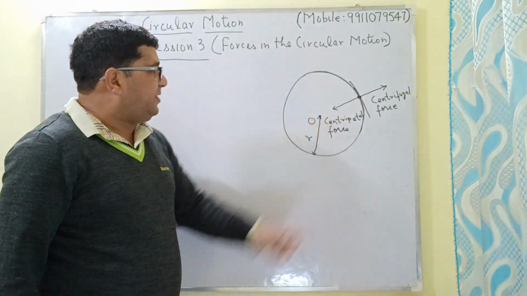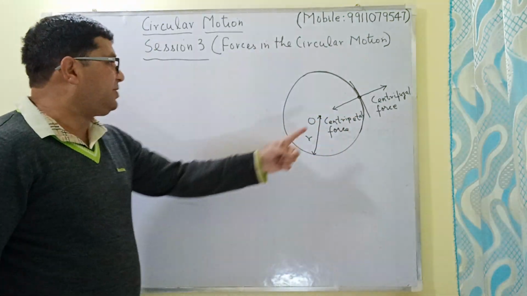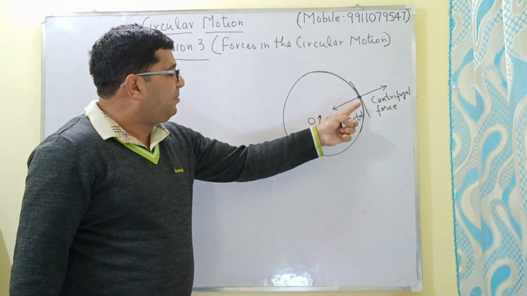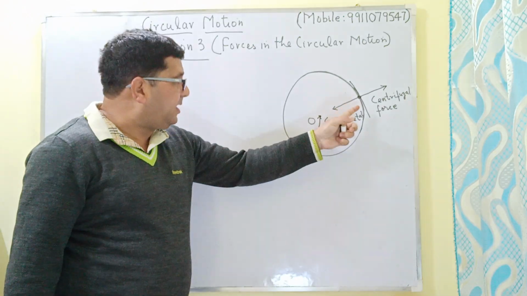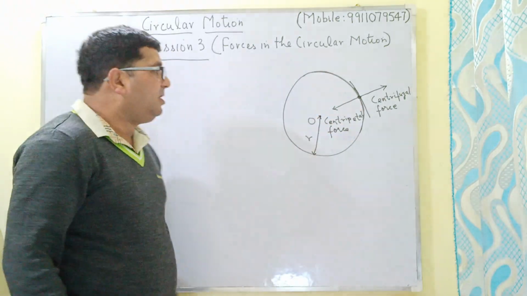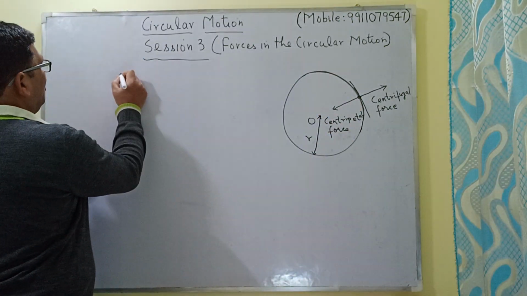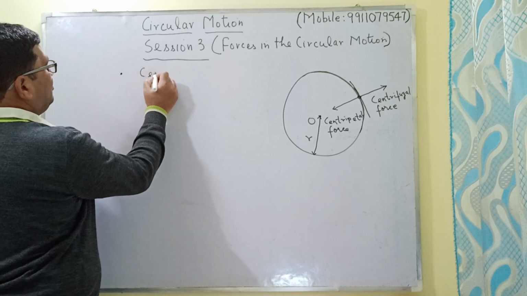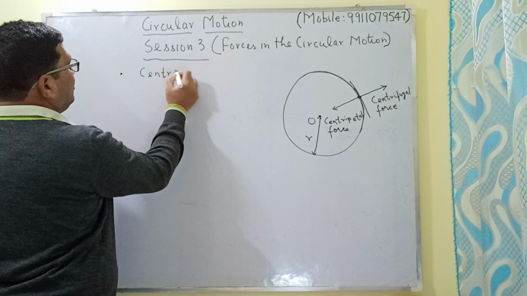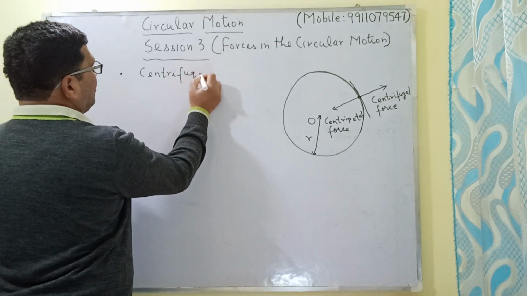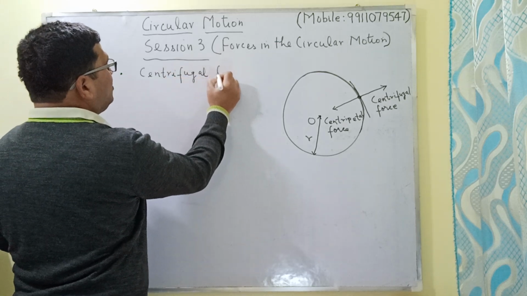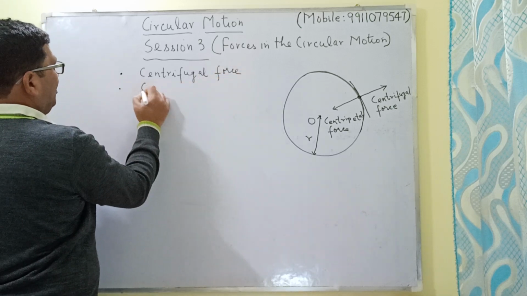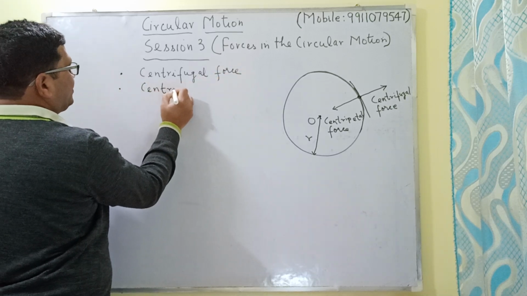At any moment of time, or at any point on this circular path, the object will be subjected to two forces. One is the centrifugal force and the second one is the centripetal force.